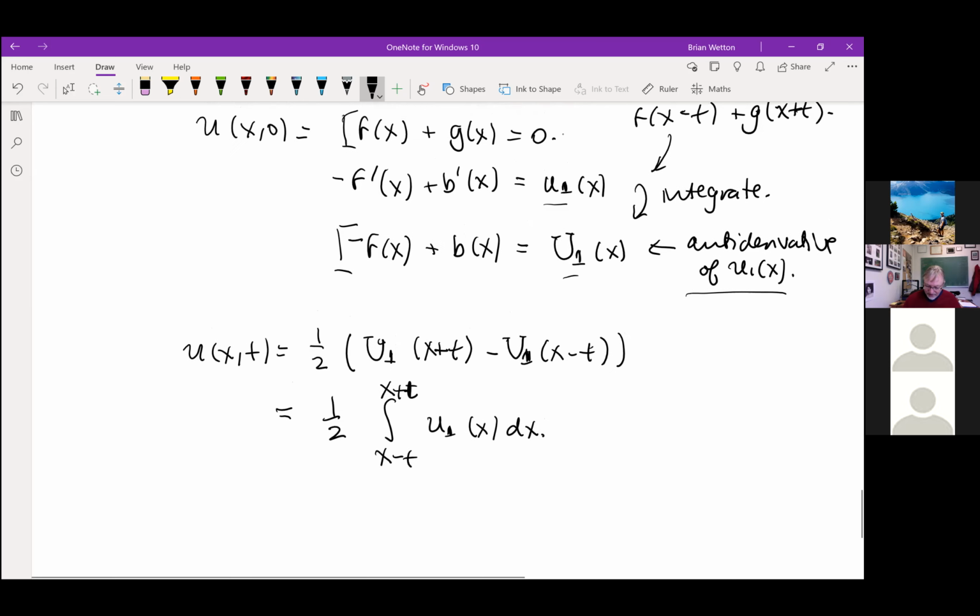We can also write it in terms of a wave. And so there's some stuff, but it's not exactly U1, it's U1's integral, right? Which will break up into two pieces, but they're going to be pieces of opposite sign. One will move to the right, one will move to the left, but they'll have opposite signs.